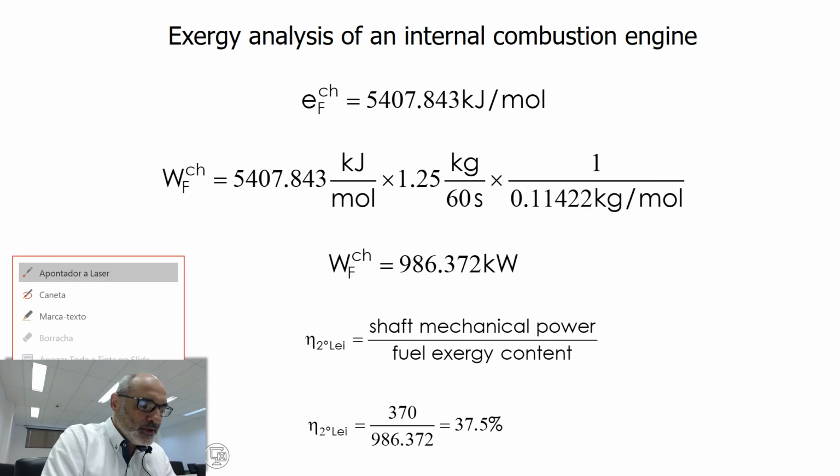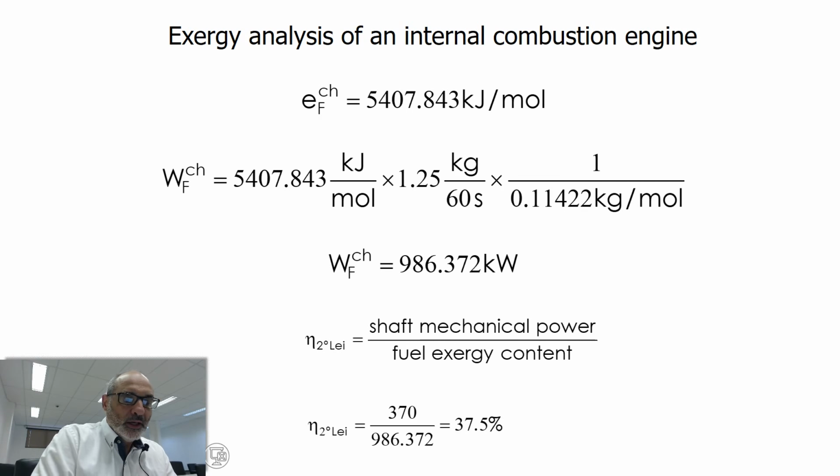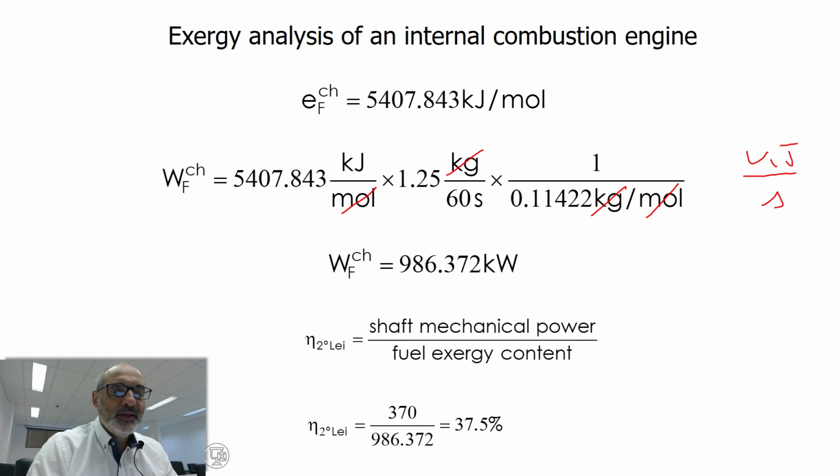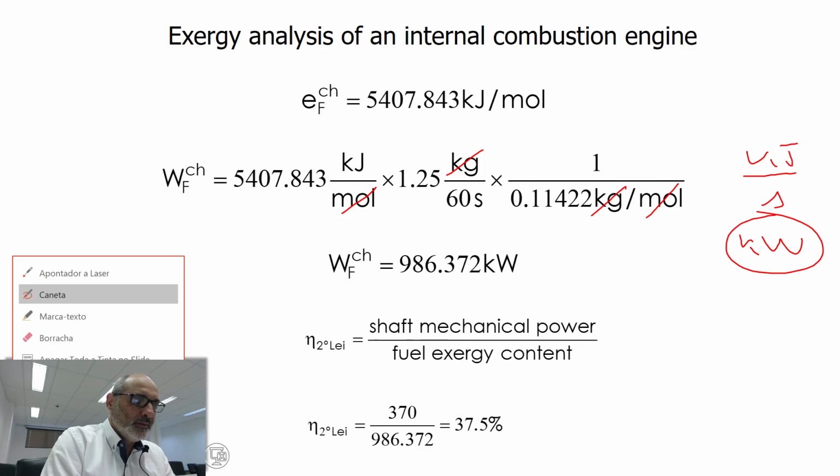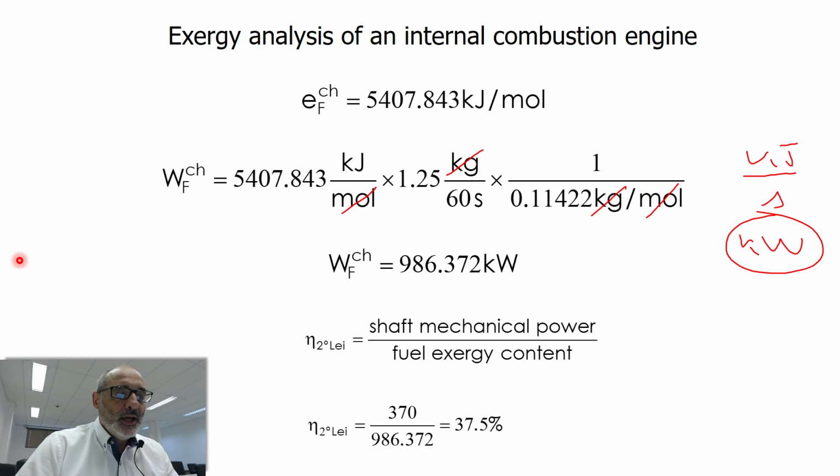In this expression, mole cancels out with this mole here. Kilograms cancels with these numbers, and I get kilojoules per second, which is kilowatts. Just to show you how we deal with these units.